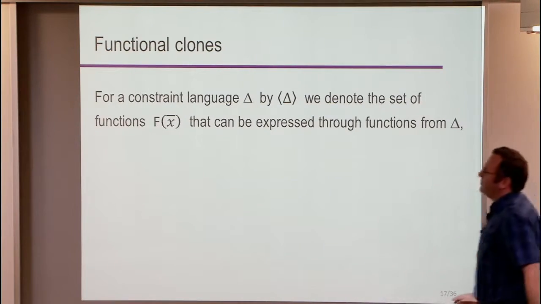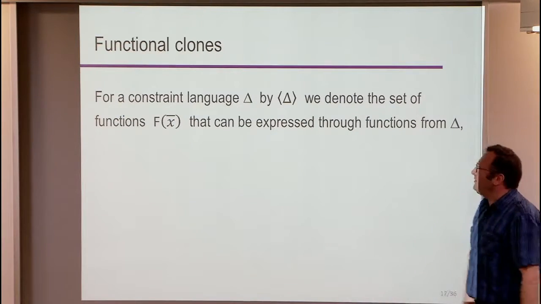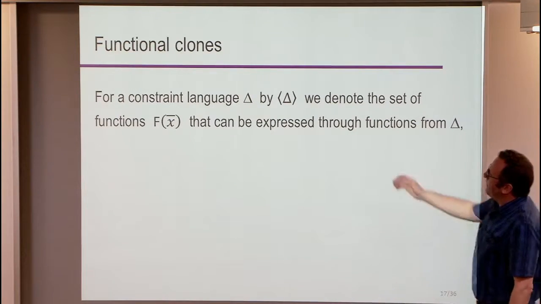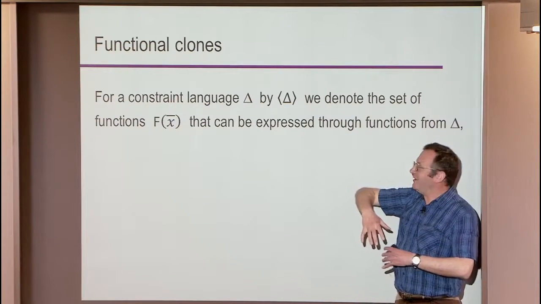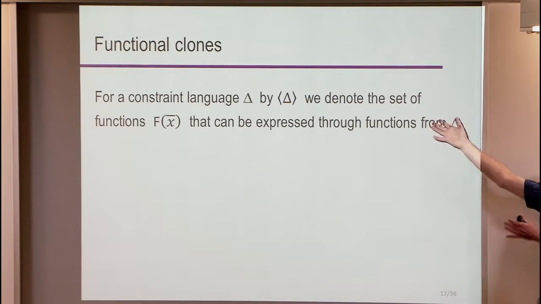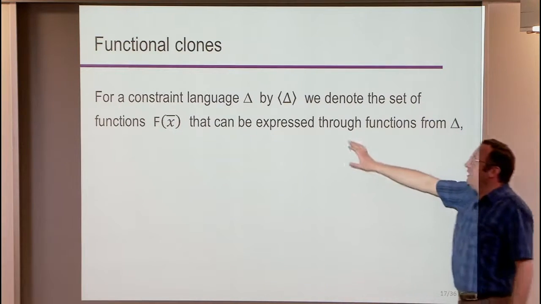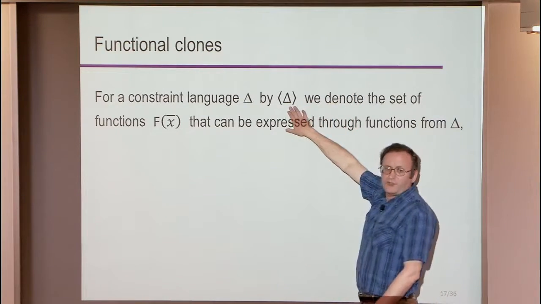So what is a functional clone? I start with some small, nice constraint language, say delta, and I construct everything. I take all functions that I can express using gadgets from the previous slide. Anything. Clearly, there will be infinitely many of them. No problem. And the result of that I'm going to call a functional clone.